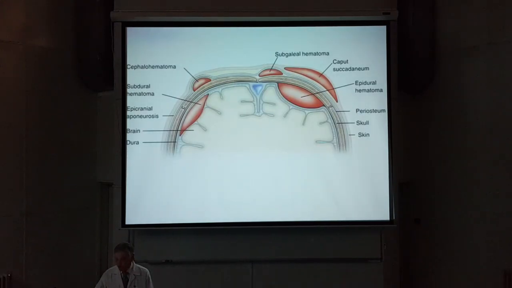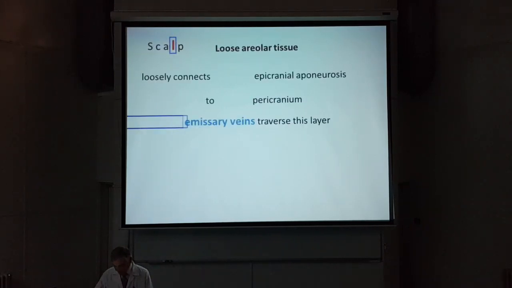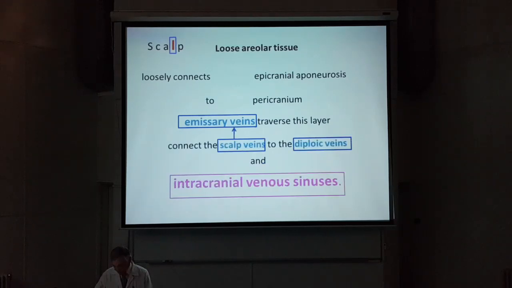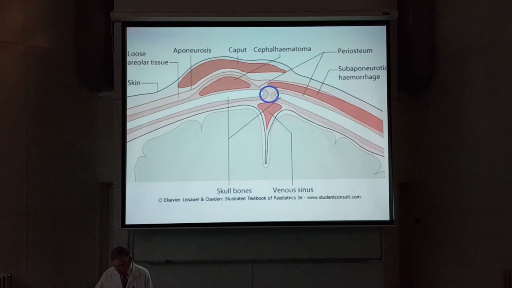Then the story of hematomas. These are the layers of the scalp, and the story of the veins. Then the story of hematomas. We have a suture between two bones.